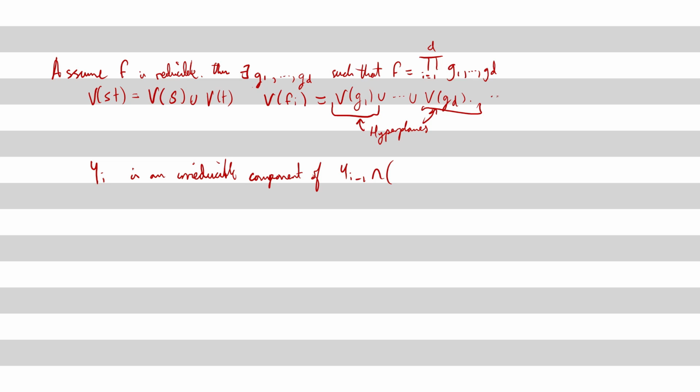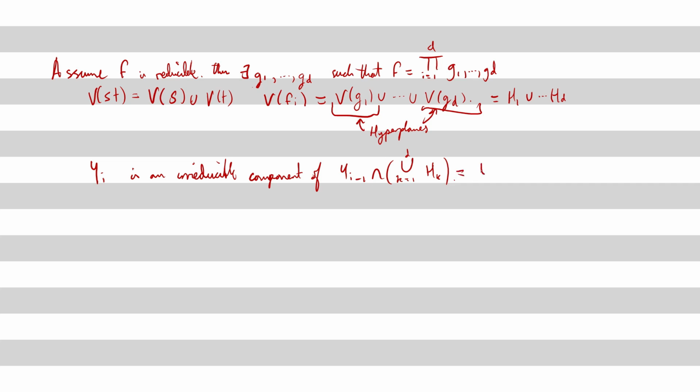So let's just call each of these H1 union ... union Hd. Intersect, and I'm going to use the big notation, the union k equals 1 to d of Y(i-1) intersect Hk. As Yi is irreducible, it must be contained within some single intersection.